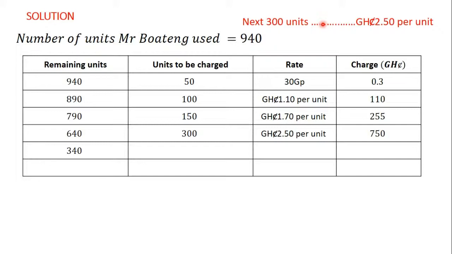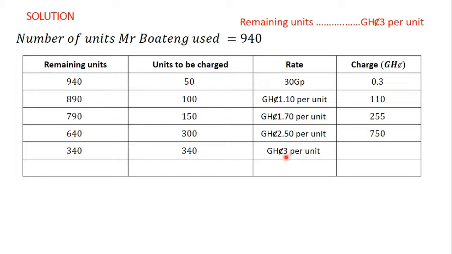From the table in the question, the next group is the remaining units. The remaining unit is 340. It means that the unit to be charged is 340 because the unit to be charged is the same as the remaining units. So 340, and the rate is 3 Ghana cedis per unit.